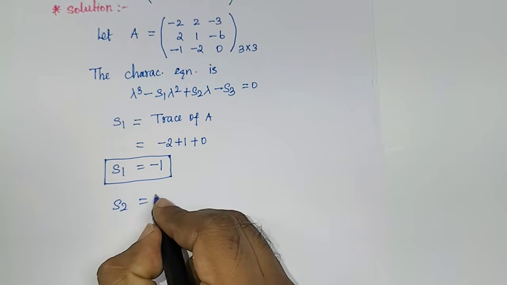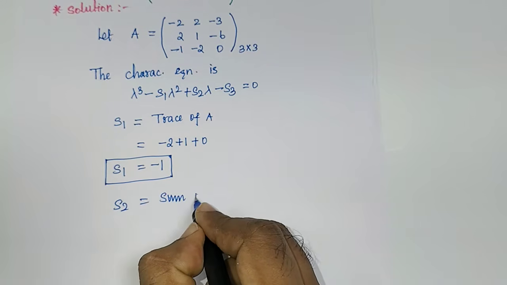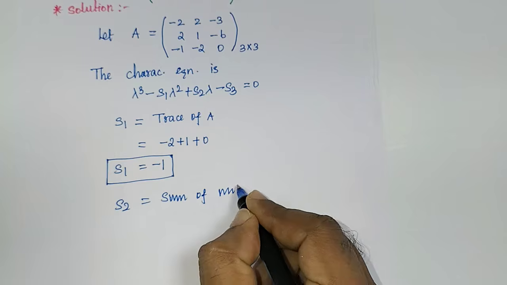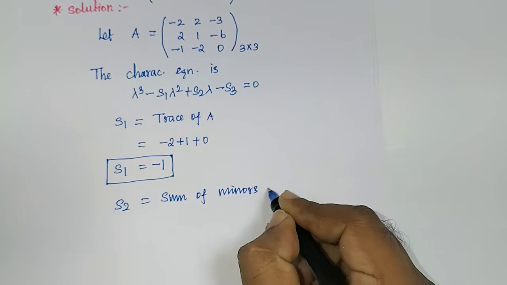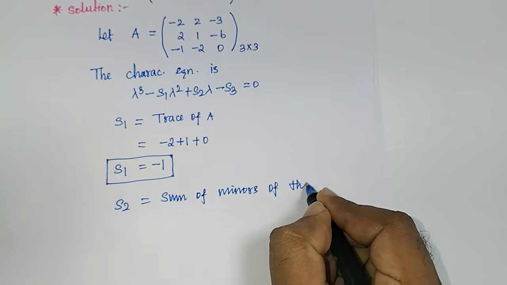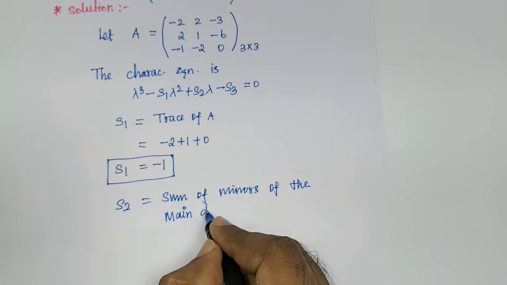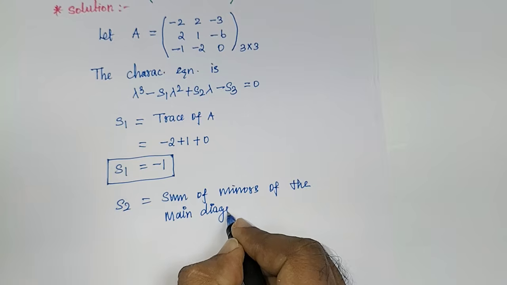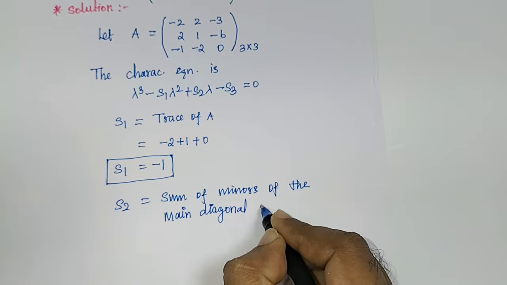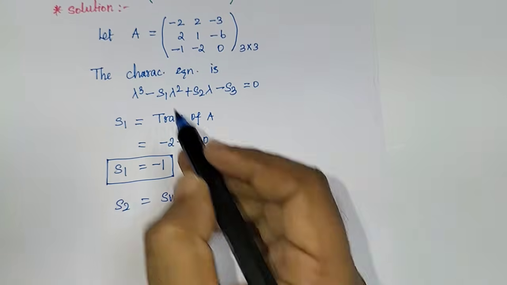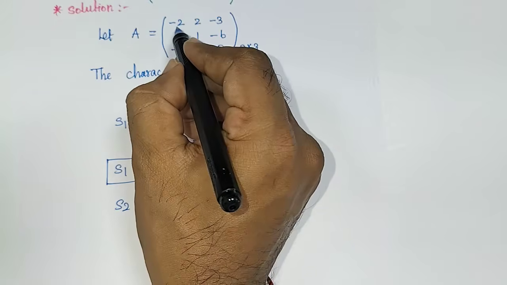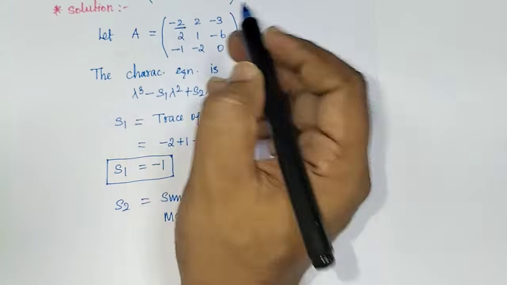S2 is the sum of the minors of the main diagonal elements. That means based on the diagonal elements we have to find minor values. Here we take the first one, minus 2.